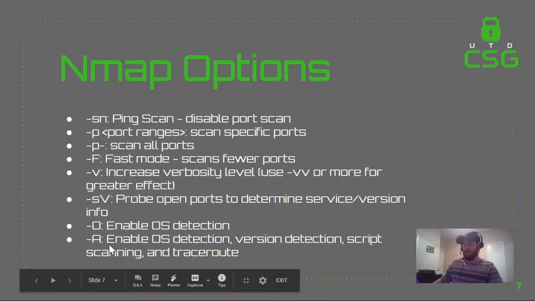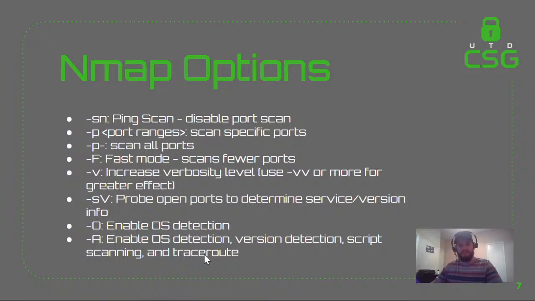So -A enables operating system detection, version detection, script scanning, and traceroute. So -A is a good switch to use within Nmap.